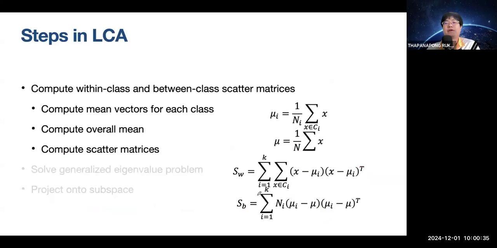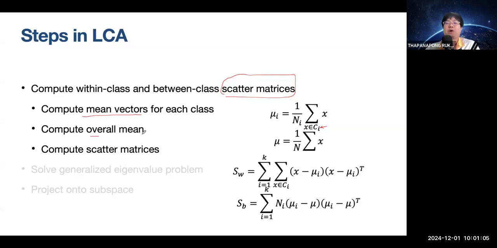So the first thing first, we compute the scatter matrix. We have to calculate this. So we calculate the mean vector of each class, basically for each Ci, we calculate the average.